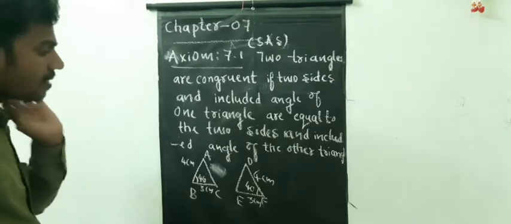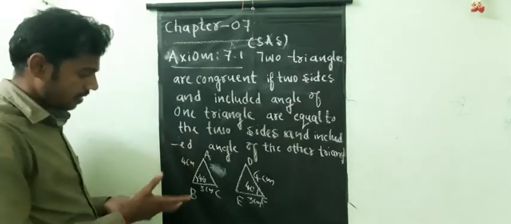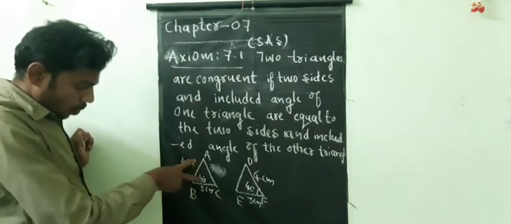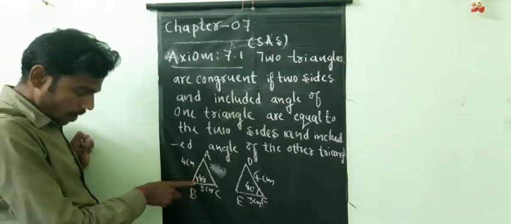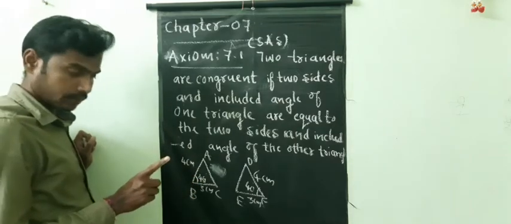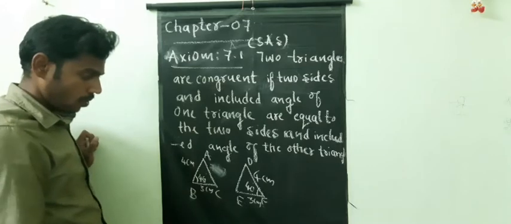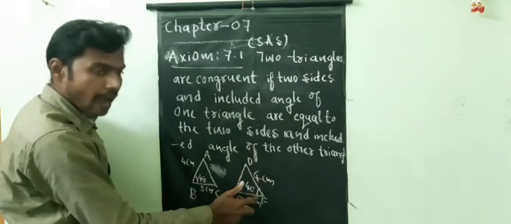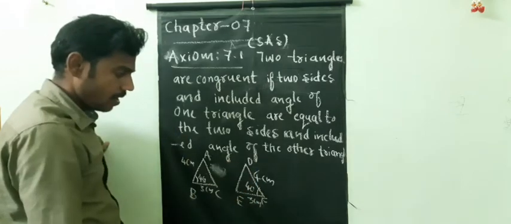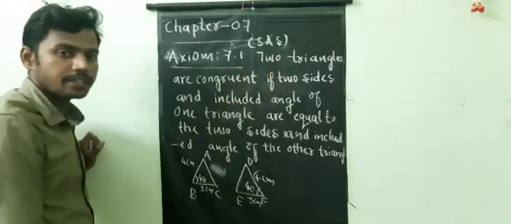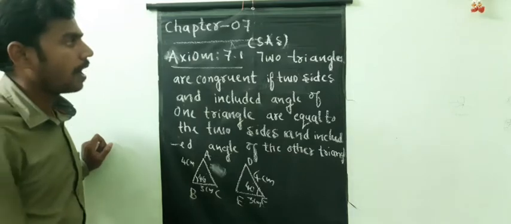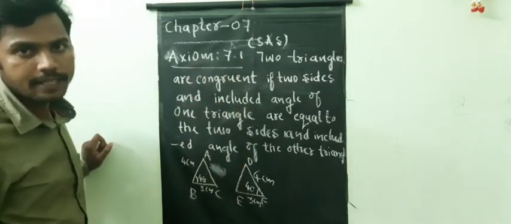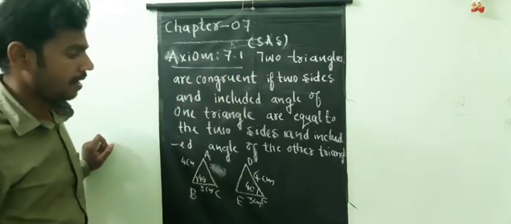Now, what does the criteria say? 2 sides and the included angle of one triangle are equal to 2 sides and the included angle of the other triangle, then the 2 triangles are said to be congruent and they are going to follow the SAS congruence criteria.